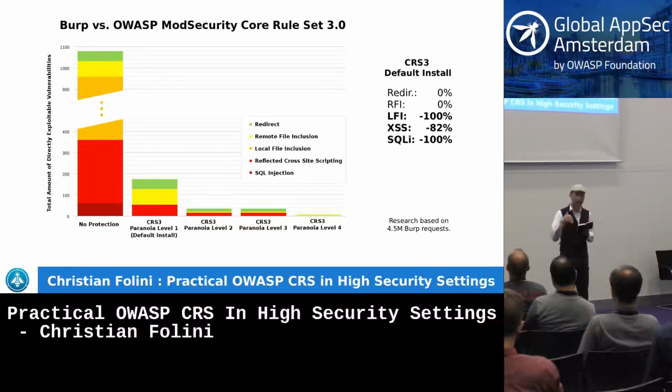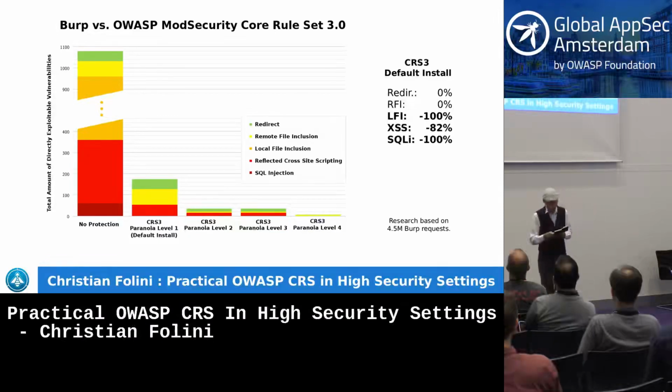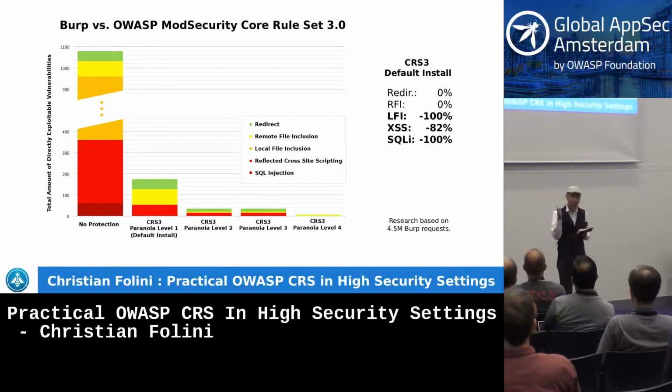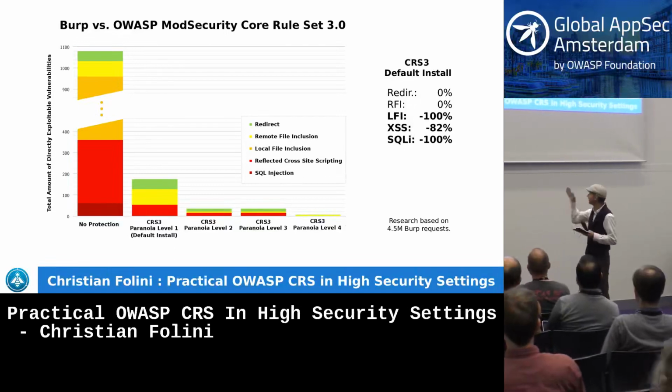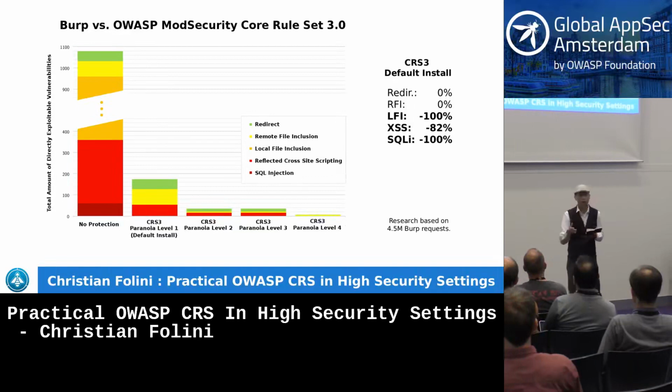Of course, in a high security setup, you're probably ready to invest more than 5 minutes into the installation. This is where the additional 3 columns come into play. We call these the higher paranoia levels. So you have a default paranoia level in the second column, the default installation. That's paranoia level 1, and this brings you 150 rules. These rules are very well tested.